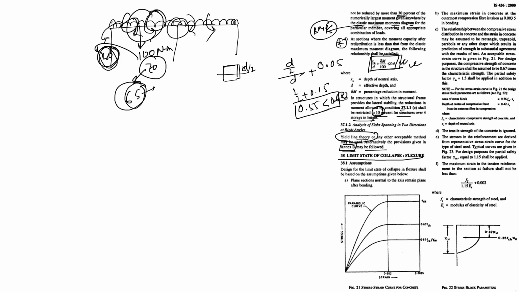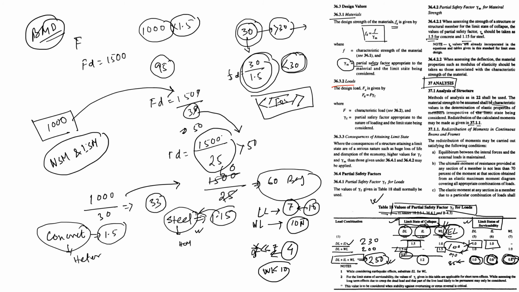Today in this video I talked about how we use this Table 18, how we find the maximum load, and why there is so much variation. One more thing, note: while considering the earthquake effect, substitute EL for WL.